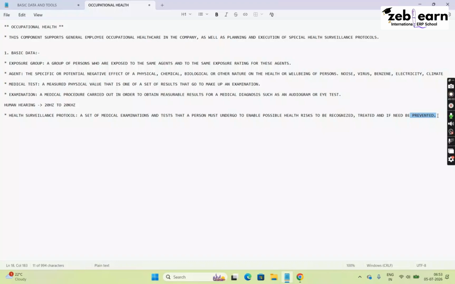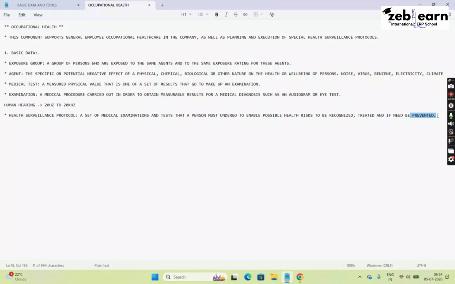But you have to go. Maybe you have to spend some money, maybe 1,000 rupees. But when you go for regular medical checkup, you will come to know what is your medical condition. Right? So instead of a person getting to know there is a medical issue after a long time, he has to spend lot of money to recover. He has to suffer for a long time, and his lot of time will be wasted.